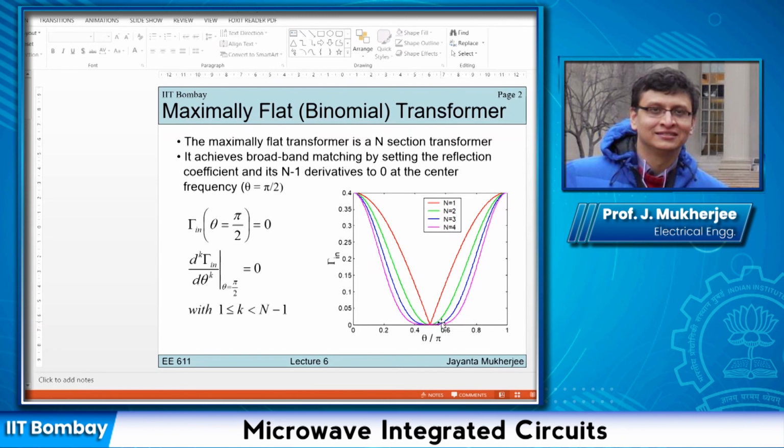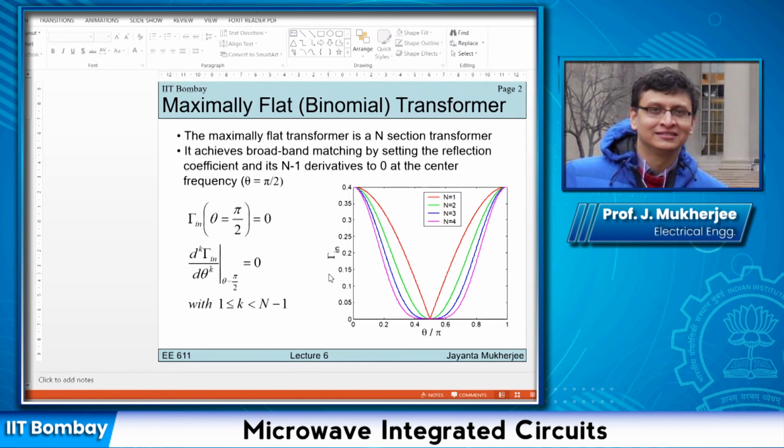On the other hand, because of this flatness, in order to get this advantage, we might end up needing more sections, which increases the size of the impedance matching network. As we shall see in the case of the Chebyshev transformer, by sacrificing flatness, we can reduce the order of the transformer and thereby reduce the number of sections. But that is something we'll see later.